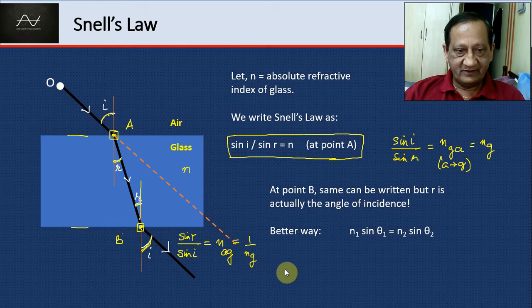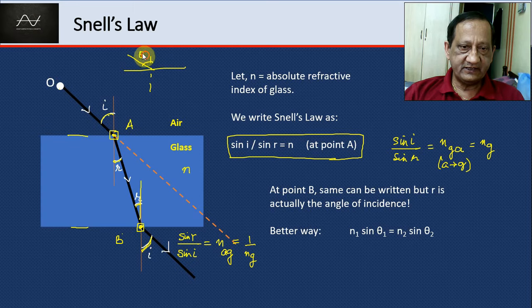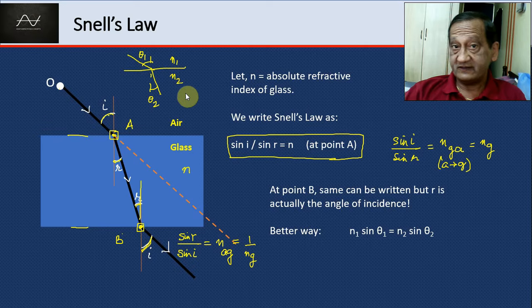Therefore, the better way is this. Suppose I say this angle is theta 1, this is the normal. The incident angle is theta 1 and the refracted angle is theta 2. The refractive index of this medium is n1 and of this is n2, the absolute refractive indices.